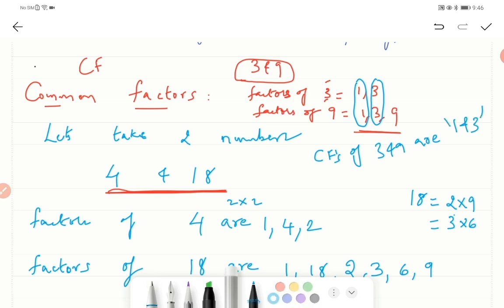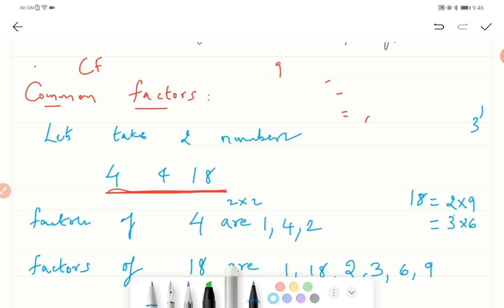Let's take one more example. Now you are going to see the next case in common factors. If you have only 1 as common, what will you do?